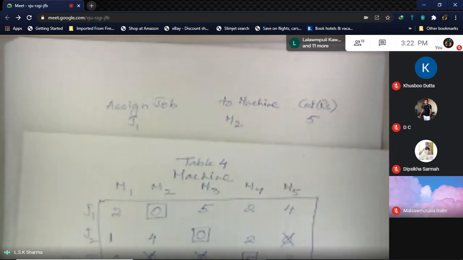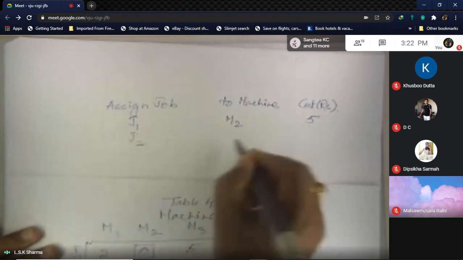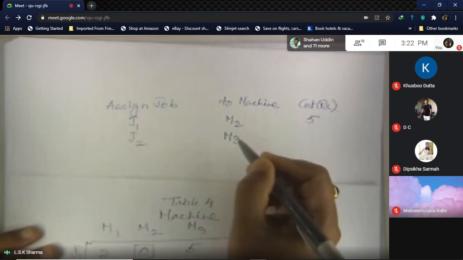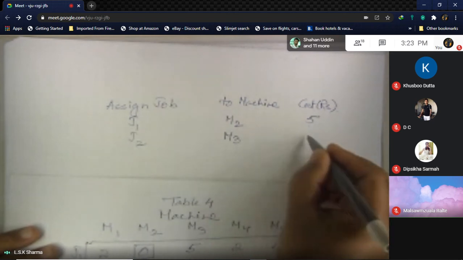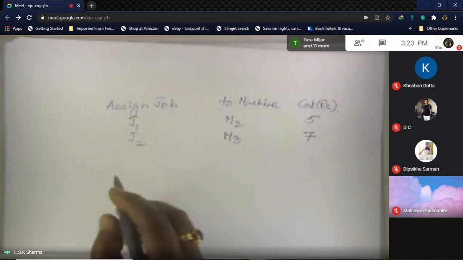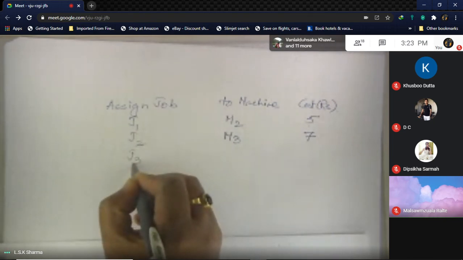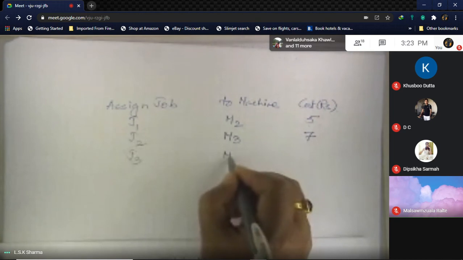Okay. Now job 2 is assigned to M3. So you write down job 2 is assigned to M3, and M3 what is the cost? 7 rupees. Now job 3 is assigned into M4.